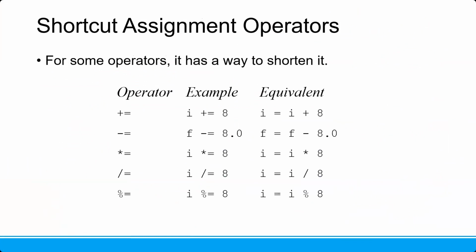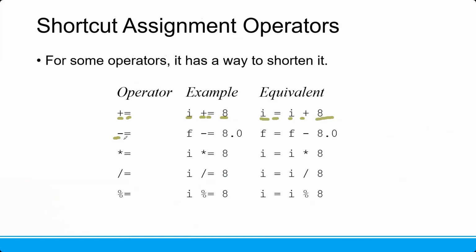In Python, you may also have shortcut operations. These shortcut operations are common among programmers, and we need to understand them as well. We have plus equal. If we have i plus equal 8, it is equivalent to i equals i plus 8.